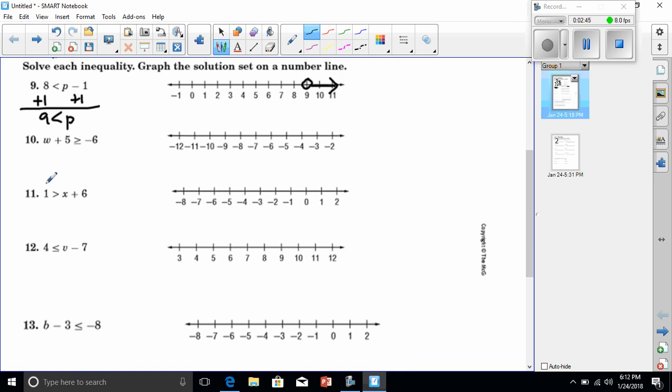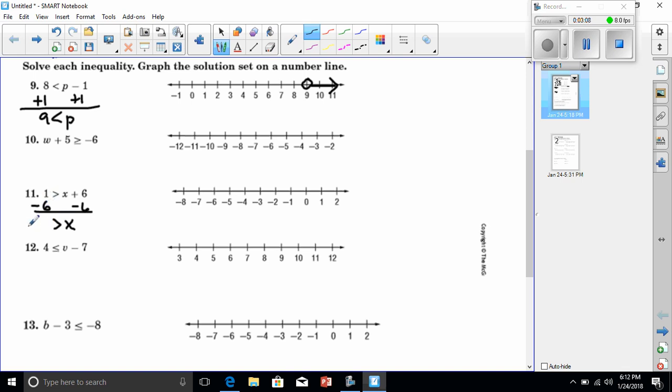Going to number 11, it says 1 is greater than x plus 6. Well, I'll have to subtract 6 from this side to get rid of that and get x alone. If I subtract 6 from one side, it means I have to subtract 6 from the other side. Well, now I have x by itself. This symbol stays the same.